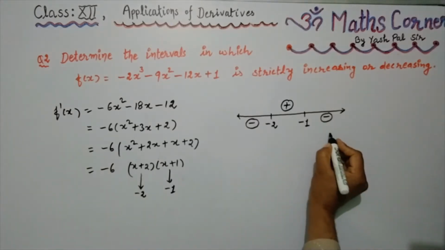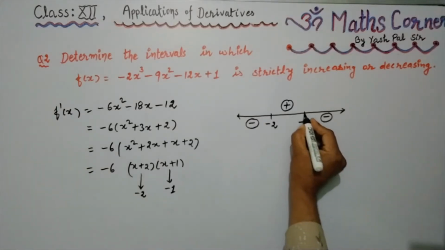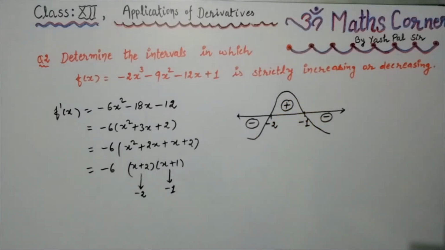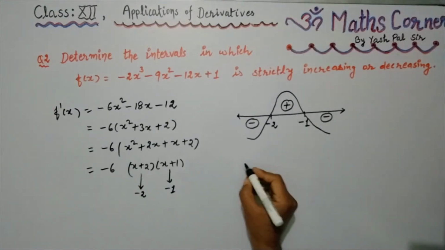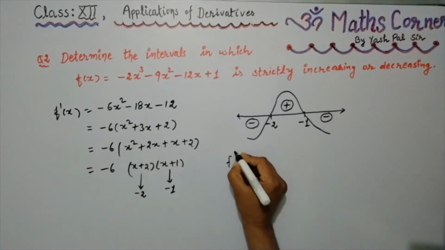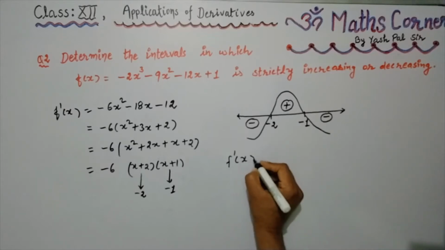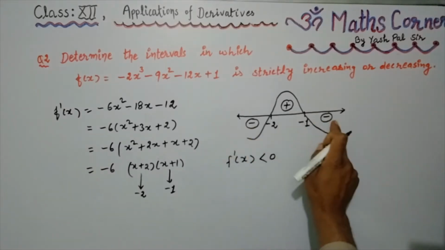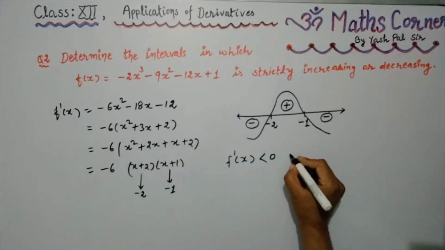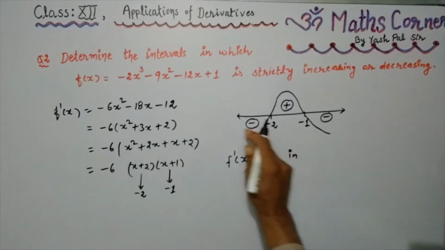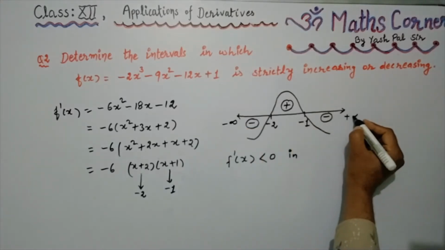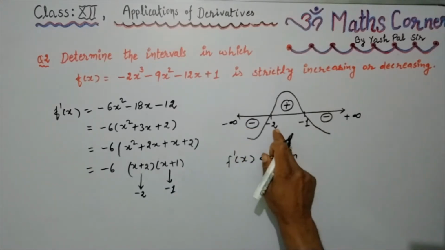So this way the curve of f dash x will be like this. So what we see here, f dash x is less than 0 here and here. Here this means minus infinity, here this means plus infinity.